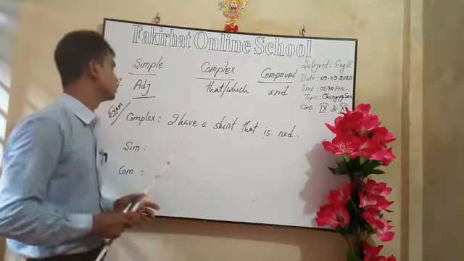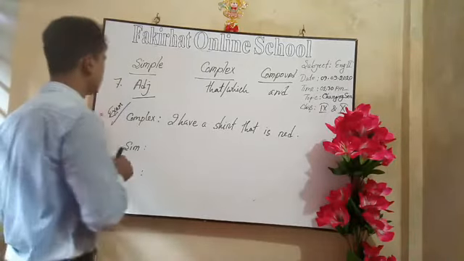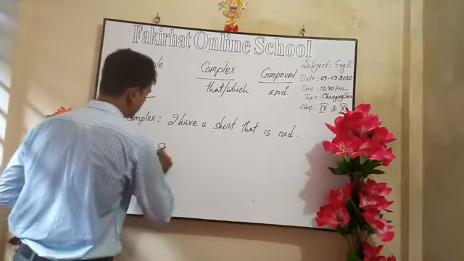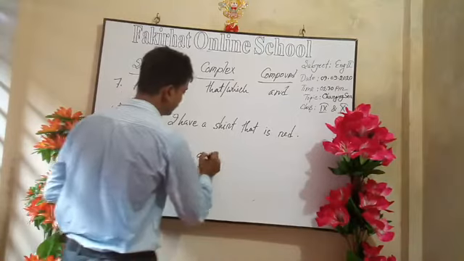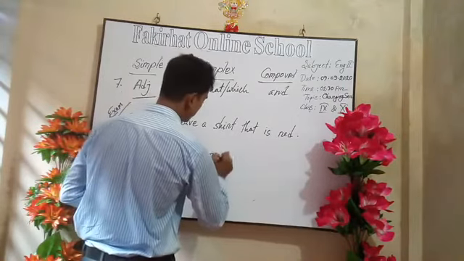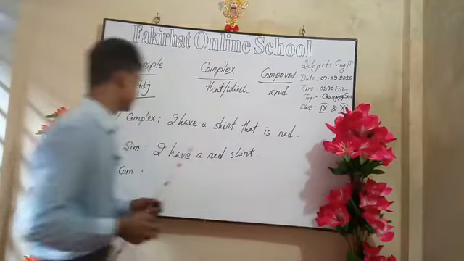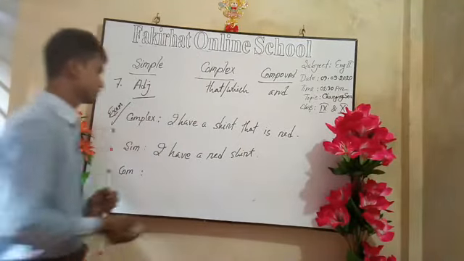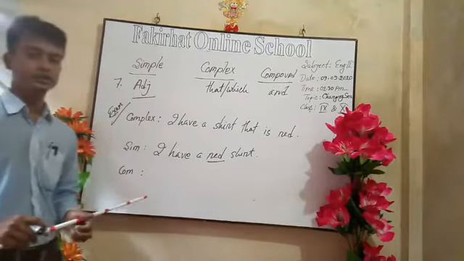Okay, dear students, if we want to change it into a simple sentence, we have to use an adjective. I have a red shirt. Here use this adjective. So, I have a red shirt.